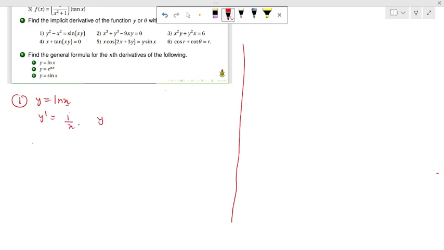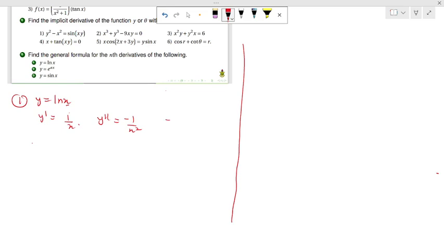Now let's go to the second, y double prime. This is our y prime, so this is what you are differentiating. So what are you going to get? Negative 1 over x squared. This is because this is the same as x to the power negative 1. When you multiply, you get negative 1 times x to the power negative 2. These are some basic things you should know, okay?